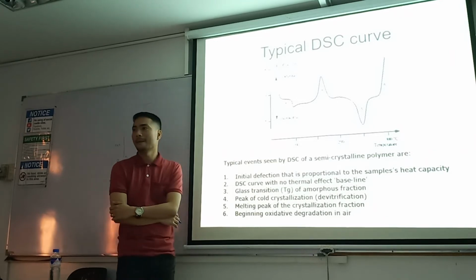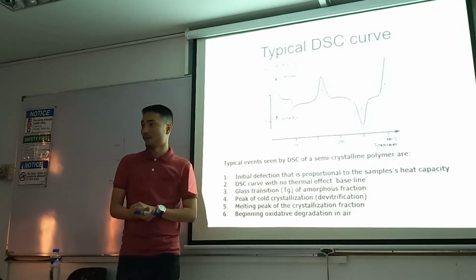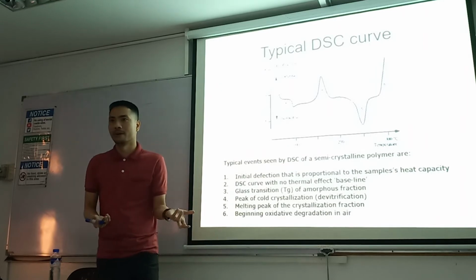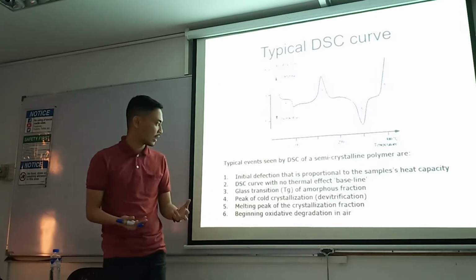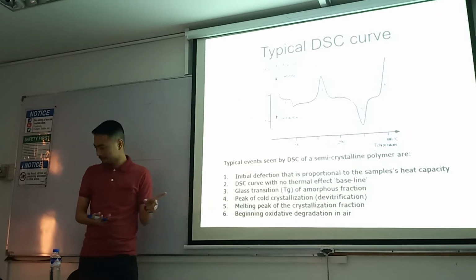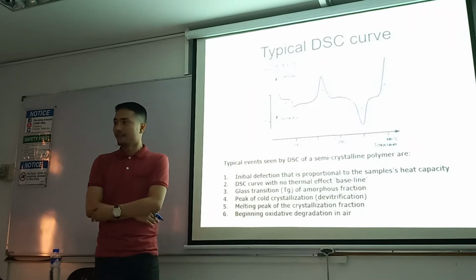Next stage. I think this is the most interesting part. Okay, because we had the HDT before, we had the TG before, but we don't have your number 4 here. Pakibasa, peak of cold crystallization, or devitrification.